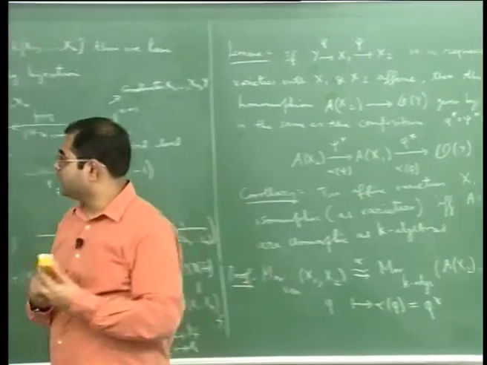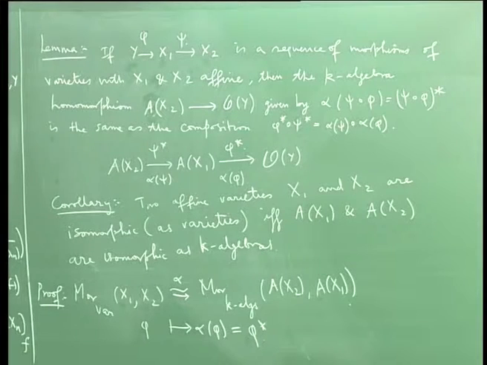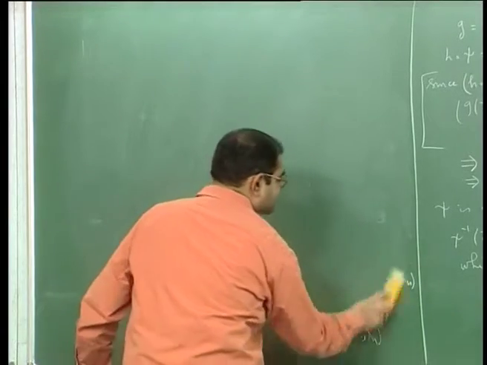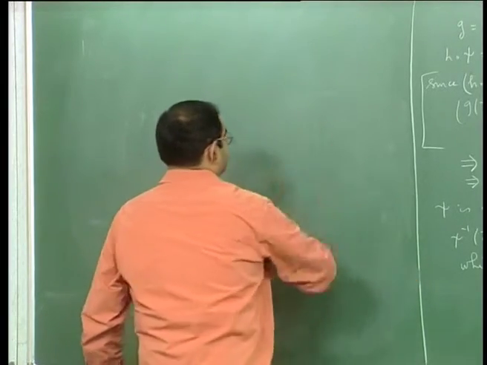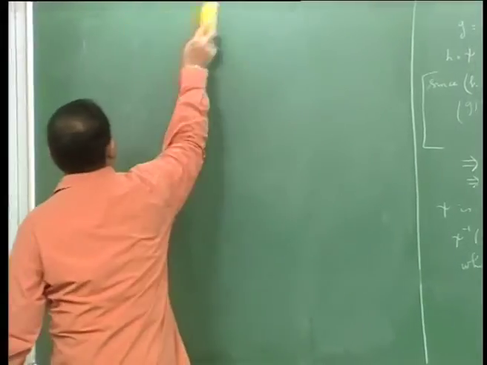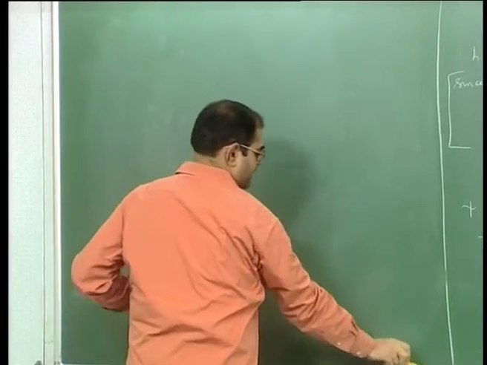Let me write that down. That's the final statement, which, as I mentioned at the end of the lecture before the last one, is a grand statement of the Hilbert Nullstellensatz, namely an equivalence of categories.